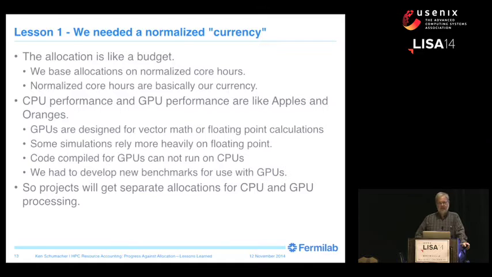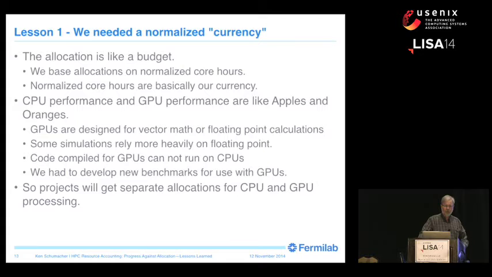GPUs do vector processing. They do floating point really well and really fast. And now that we've got things like the CUDA programming language, where we can write a program, write a simulation, and have it run on a graphics processing unit just like you might have a Perl program or a C program running on a CPU, they crank out a lot of good stuff.